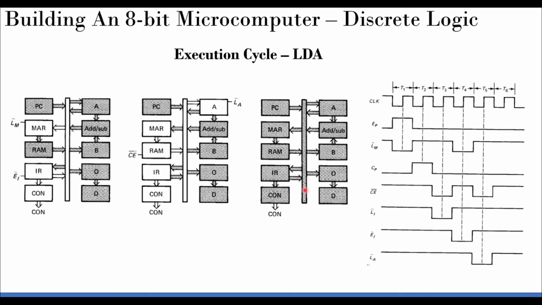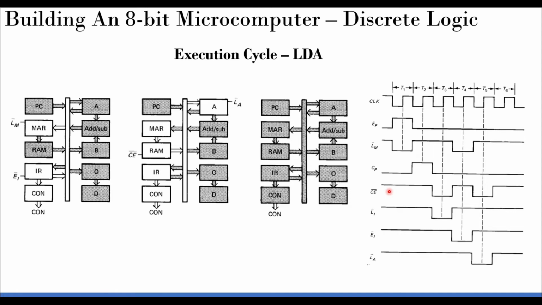So LM is going low, and then you have the LM bar is here. Yeah, LM is here. So EI, right? EI is going here. No, there is something wrong in this.